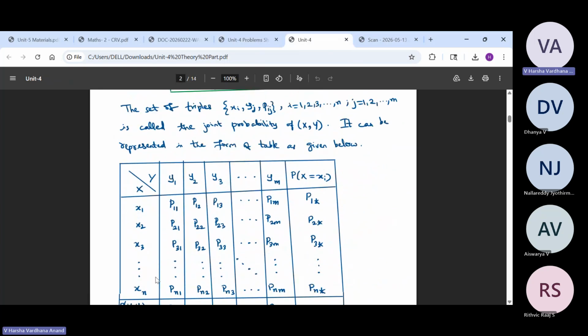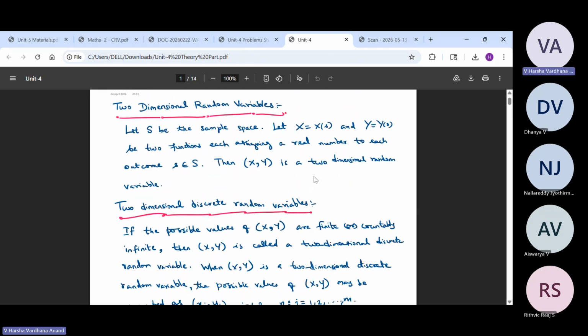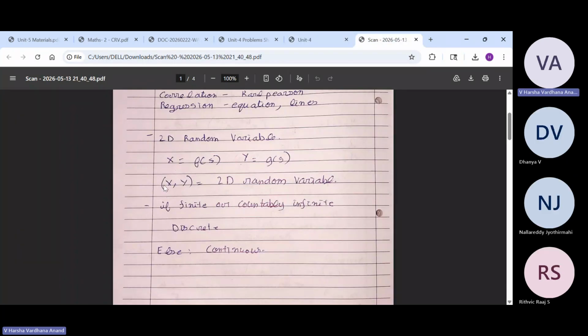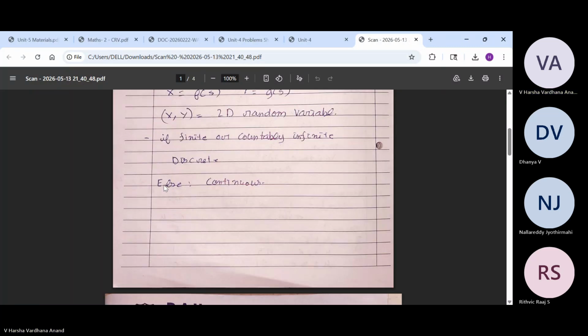Here x is one random variable, and this is y. These are all discrete random variables. So we have a random variable defined as x comma y. That is, instead of defining just x, we define it as x comma y. X comma y is a 2D random variable with varying values of x and varying values of y.